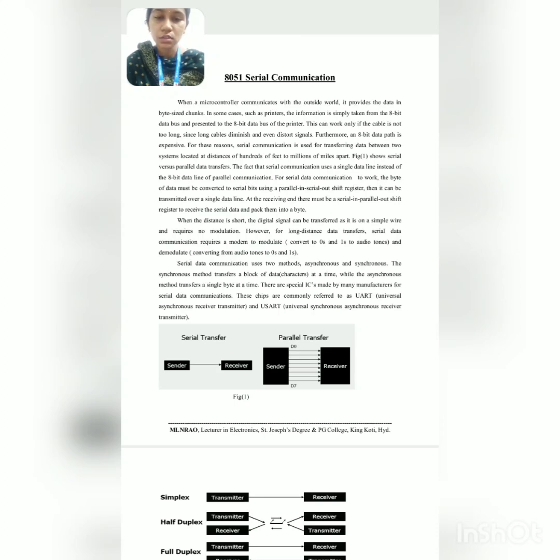The synchronous method transfers a block of data at a time, while the asynchronous method transfers a single byte at a time. There are special ICs made by many manufacturers for serial data communication.